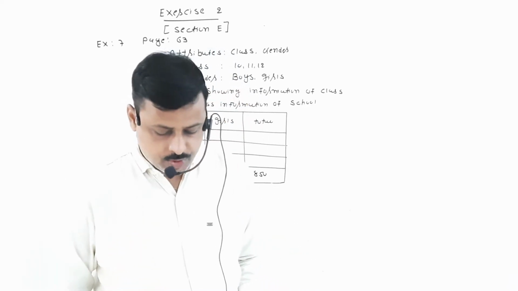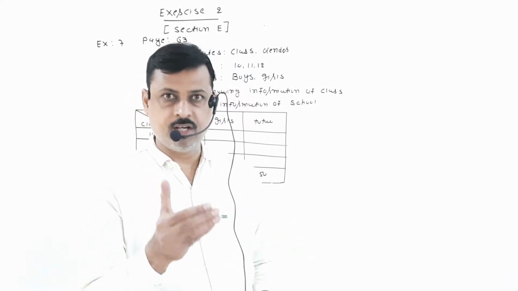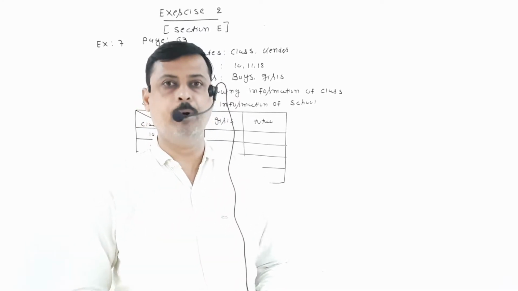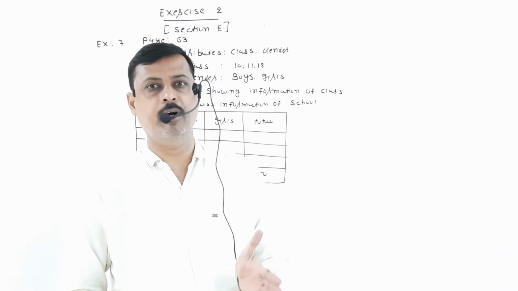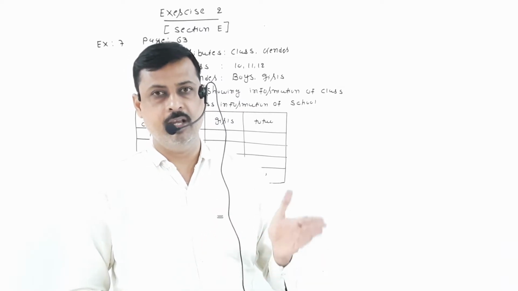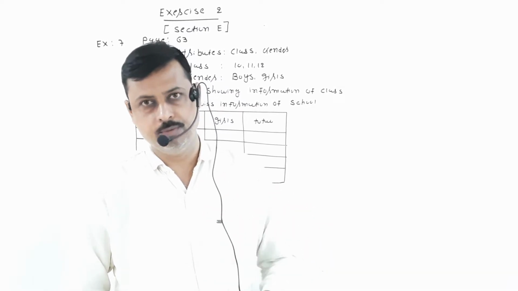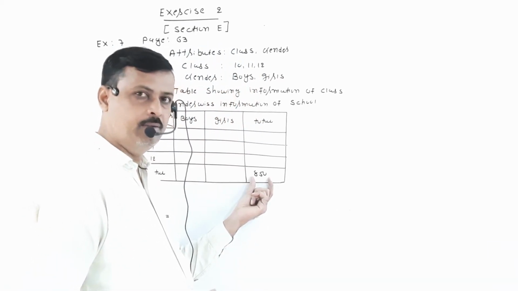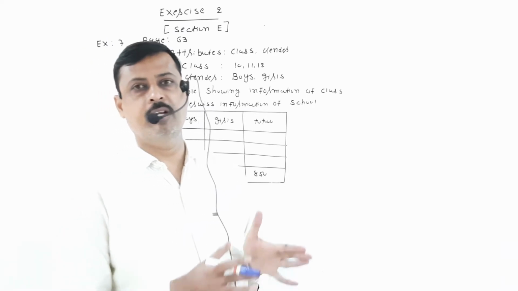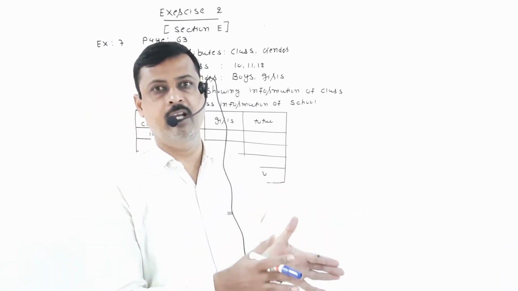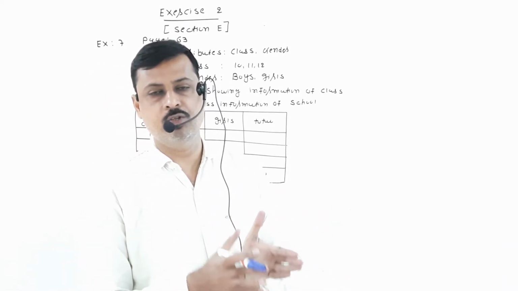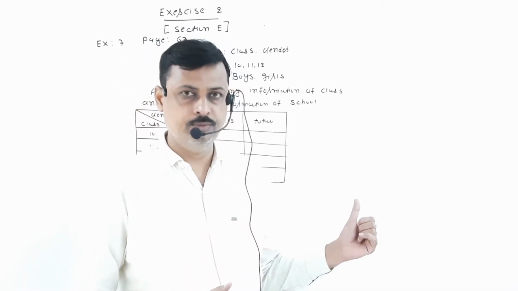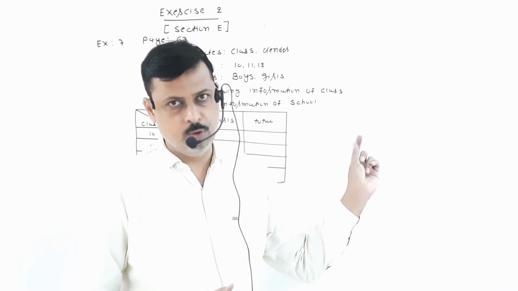The number of students in standard 10, 11 and 12 were in the proportion of 8 is to 5 is to 4, or you can say 8 ratio 5 ratio 4. So now we have to find the proportion, so I am making some calculation for you, look carefully.